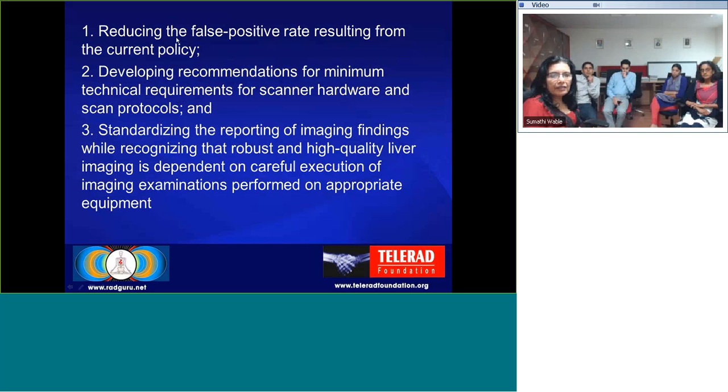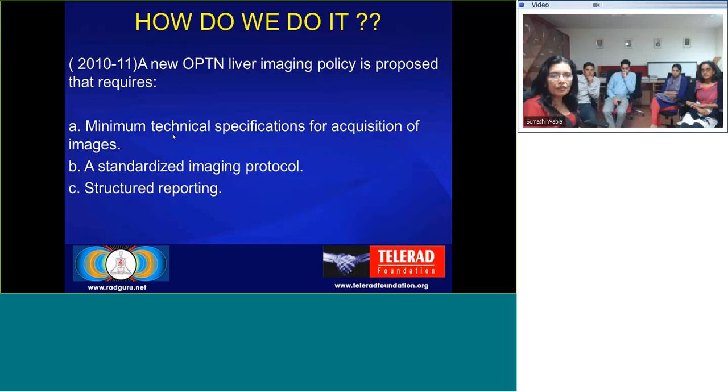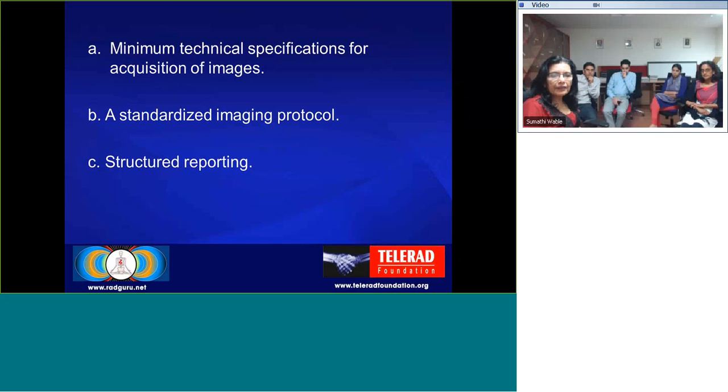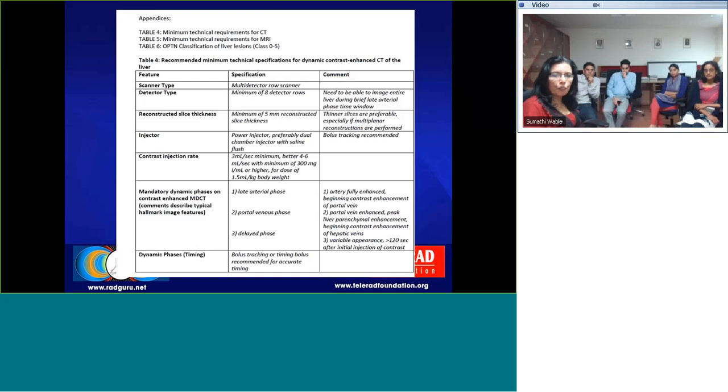And this is an effort to reduce the false positive rates and standardize reporting and so forth. Okay, I'm just going to skip over this. Like I said, these are the things that they came up with, to make it as standardized and as foolproof as possible.